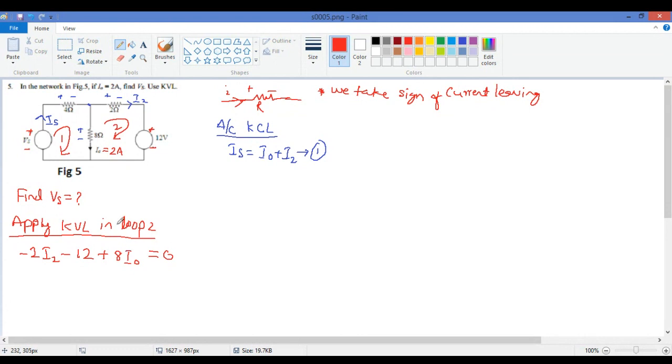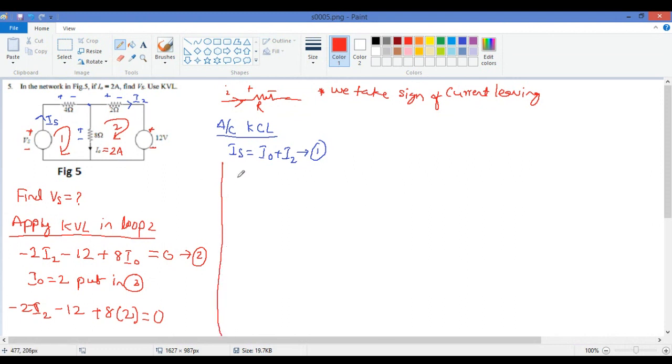It's already given that I naught is equal to 2 ampere. I will call this equation 2. If you put this in equation 2: minus 2 I2 minus 12 plus 8 into 2 is equal to 0.